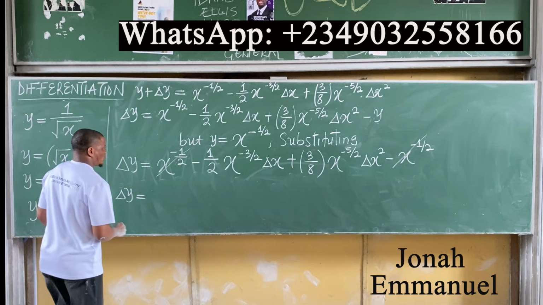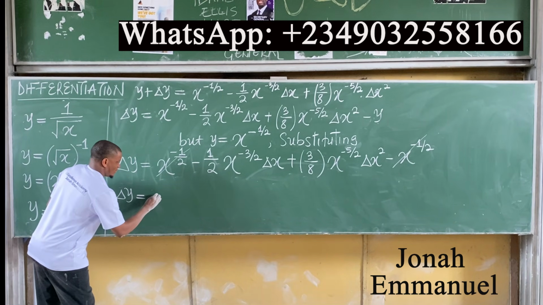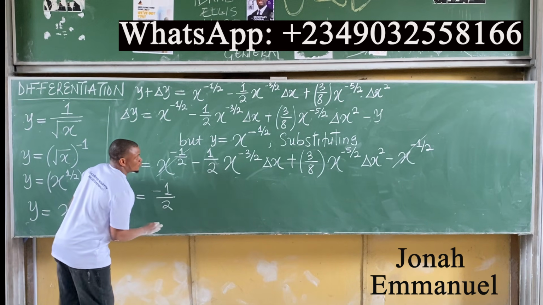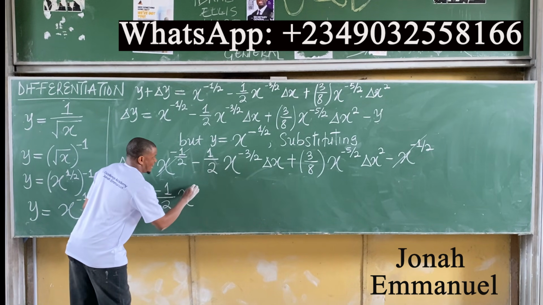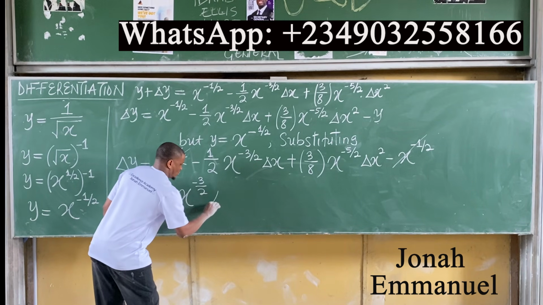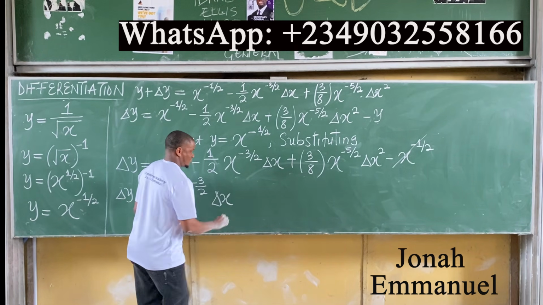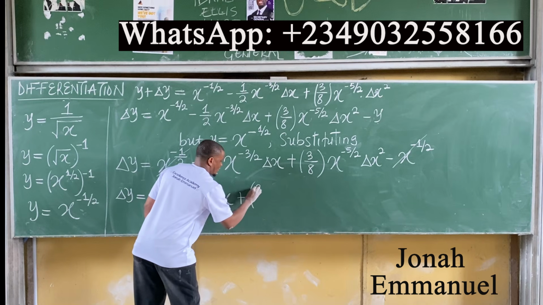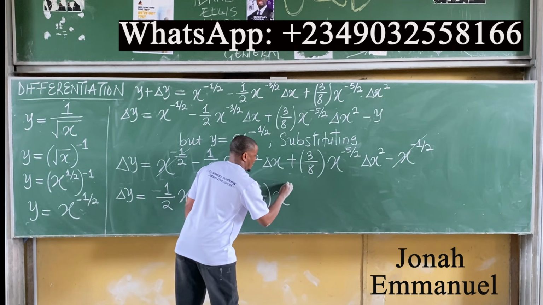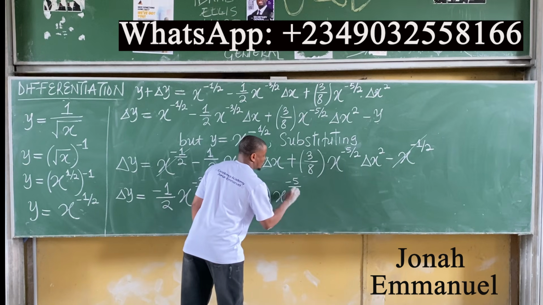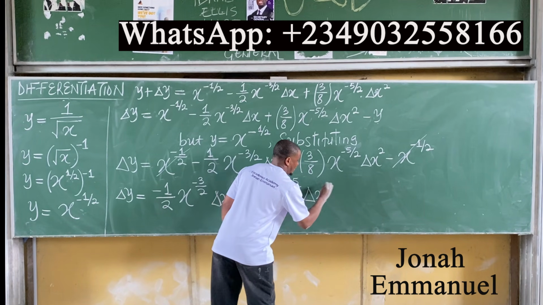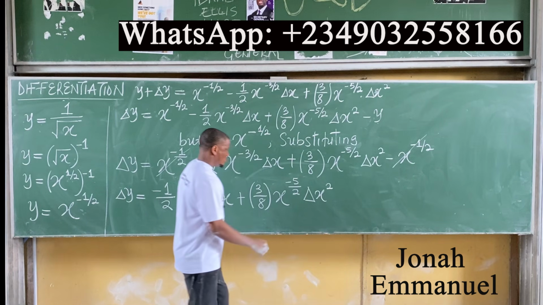I am now left with minus 1 over 2 x to the power minus 3 over 2 change in x plus 3 over 8 x to the power minus 5 over 2 change in x squared. That's all.